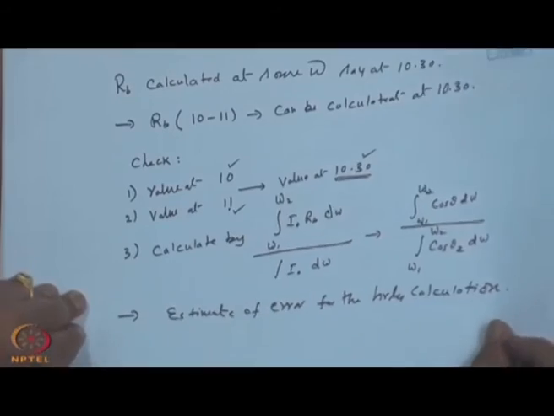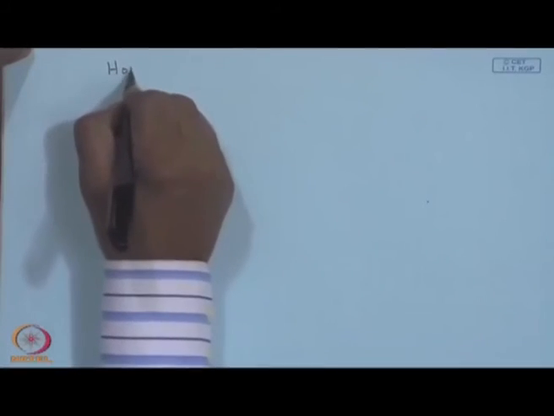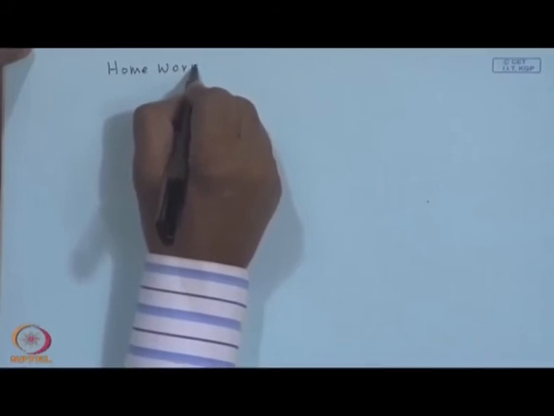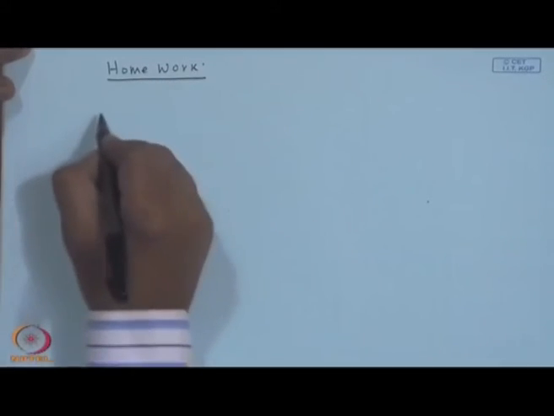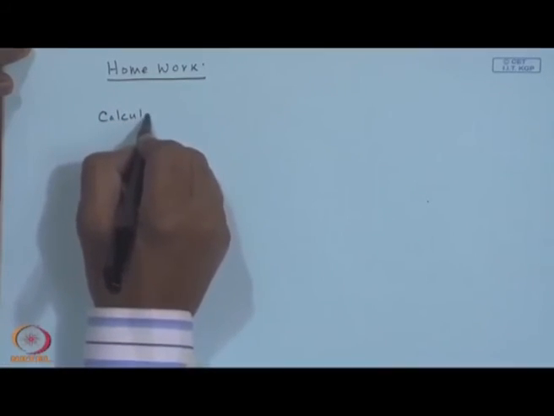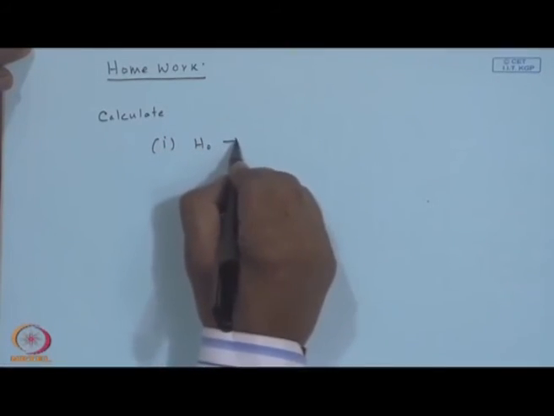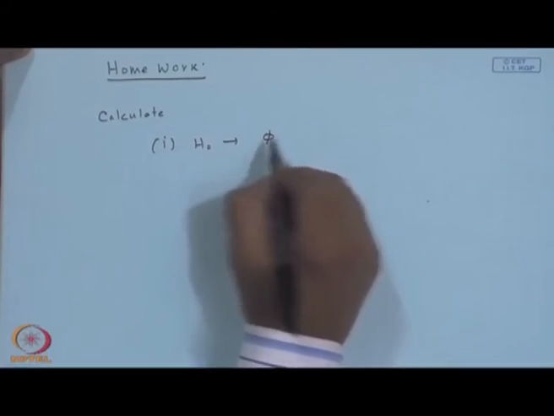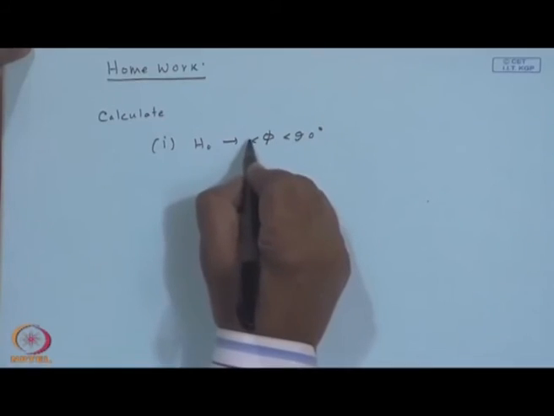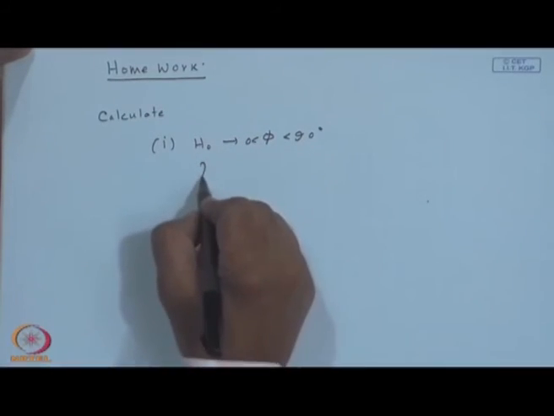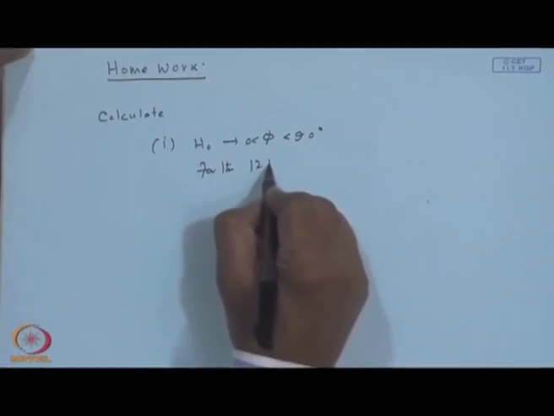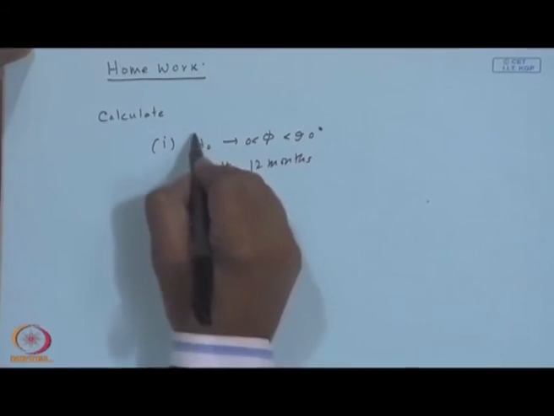Okay. So, these are the exercises which we can do, and as some sort of a homework, one, calculate H0 for phi 0 to 90 for the 12 months, let us say H0 bar.